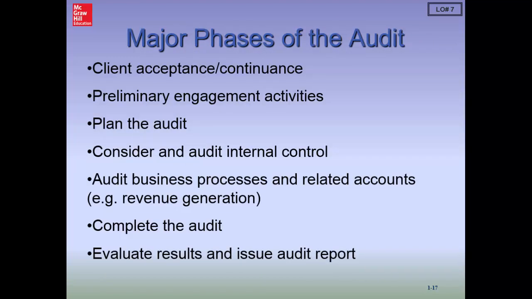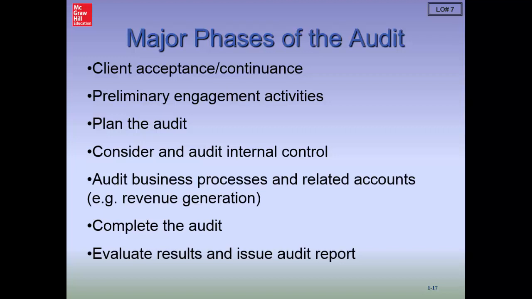Major phases of the audit, we'll be talking about this throughout the course. Client acceptance. We need to understand that there are some very specific things that we need to do in regards to the client acceptance. We have preliminary engagement activities. This includes planning the audit, considering the audit internal control framework. And then we're going to do the audit of business processes and related accounts.